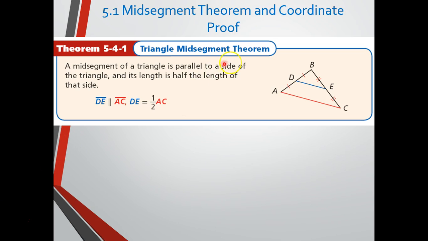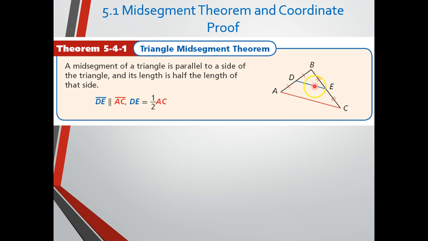Okay, so this right here is our triangle midsegment theorem. What it states is a midsegment of a triangle is parallel to the side of the triangle, and its length is half the length of that side. So here we have this side AC, and the midsegment of AC is always parallel to the side that we're referring to. So the midsegment of AC is DE.